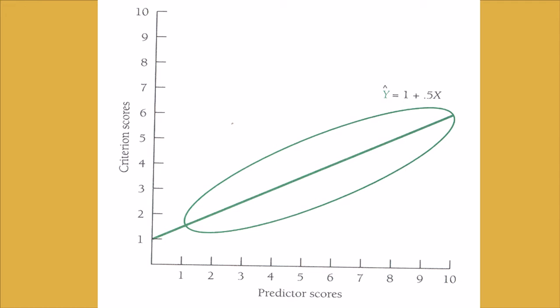In this case, if they have a score of 4, their predicted performance would be 3. And as we go up, you can see that that will increase. As we have a higher score on the predictor, say a 6, the criterion expected level would be a 4.